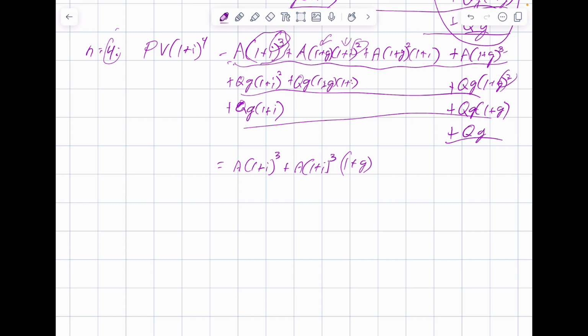And if we divide this 1 plus I squared by 1 plus I to the third, we're left with 1 plus I in the denominator. Next, for the third term here, we'll take the A 1 plus I to the third out of there. We're left with 1 plus g squared.